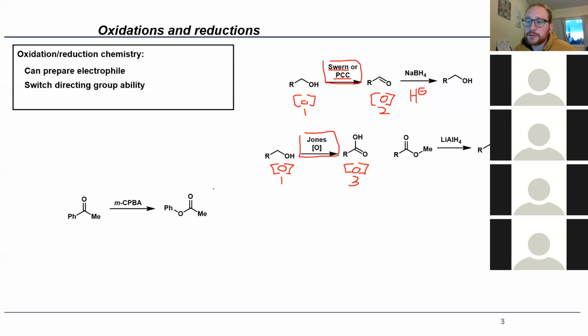Another oxidation reaction we learned is the Baeyer-Villiger oxidation. The Baeyer-Villiger oxidation is a very useful one for the transformation of ketones into esters. And for unsymmetrical ketones, we learned that the bond into which oxygen inserts is based on the migratory aptitude of the groups.